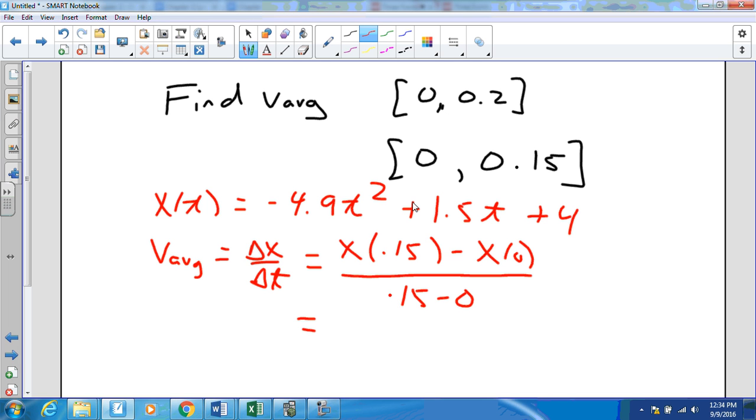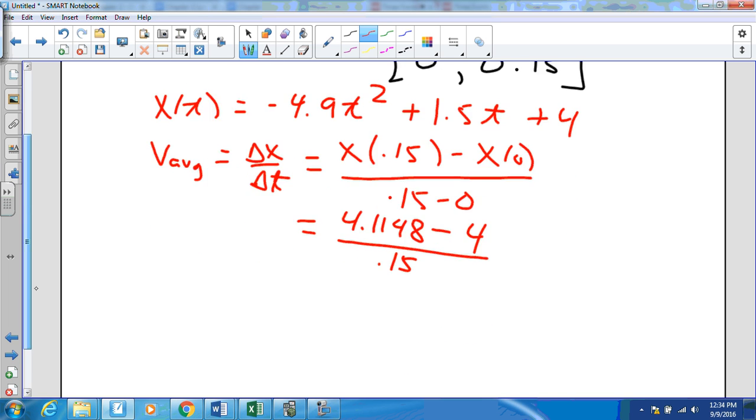And when I do, what value did you get for your x of 0.15? Just for the x. I got 4.114. That has way more sig figs than I deserve, but I'm not going to worry about that until the end. Okay.